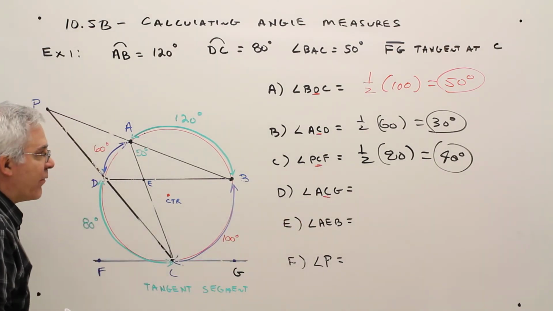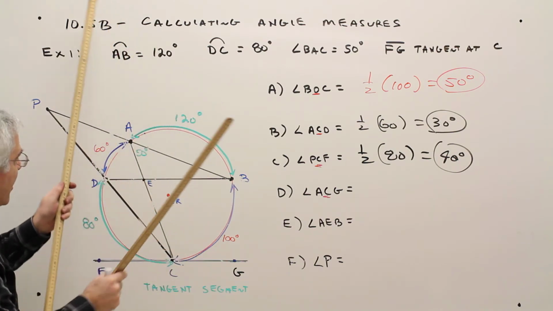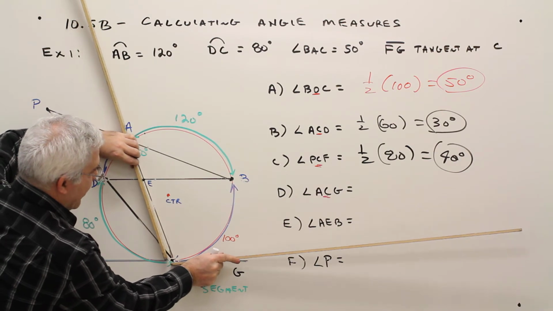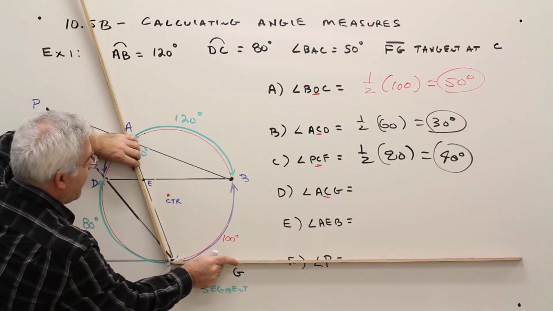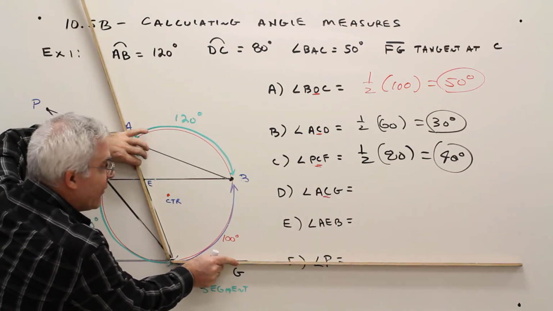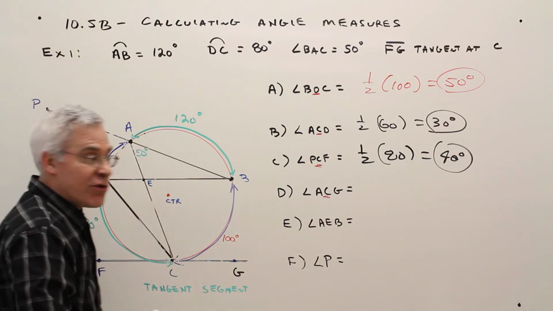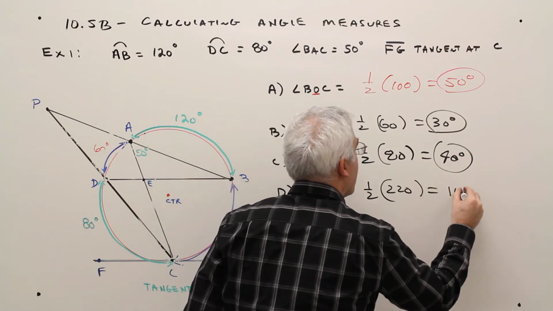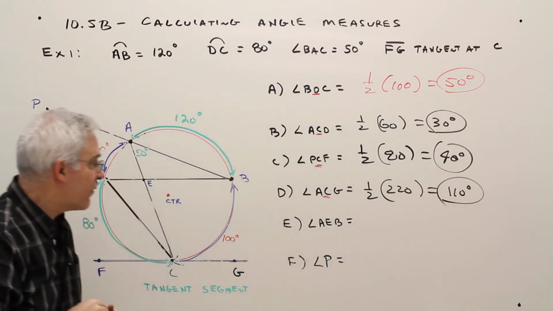It'll be half the intercepted arc. ACG, so ACG looks like that. The intercepted arc is 120 and 100, that's 220. So again, showing my work, 1/2 of 220, that's 110 degrees.